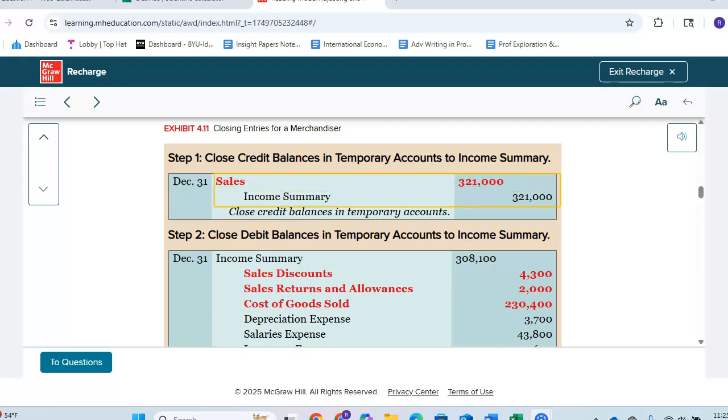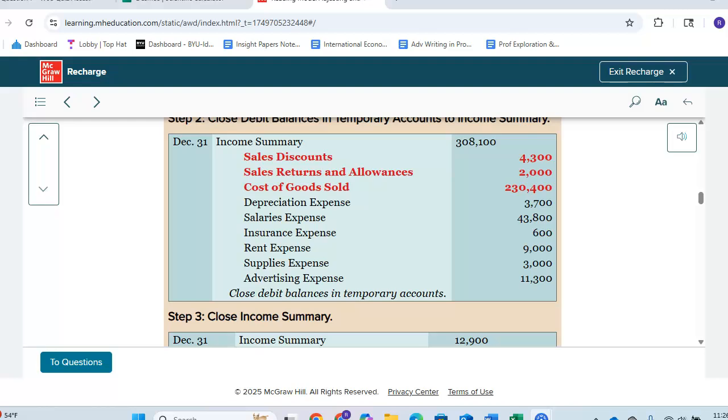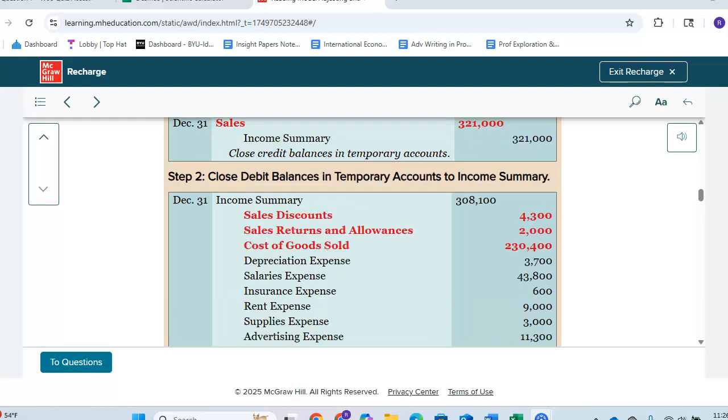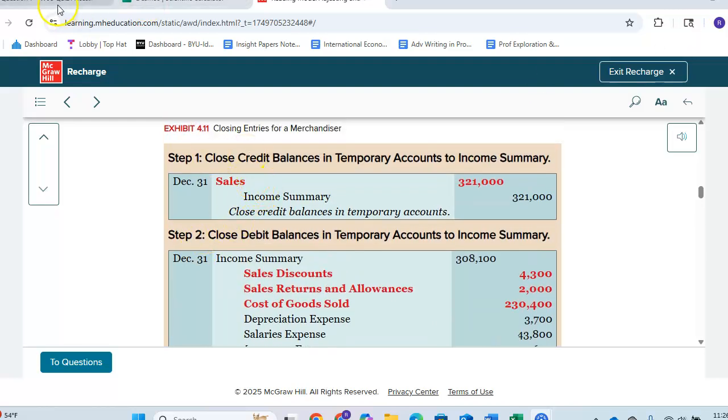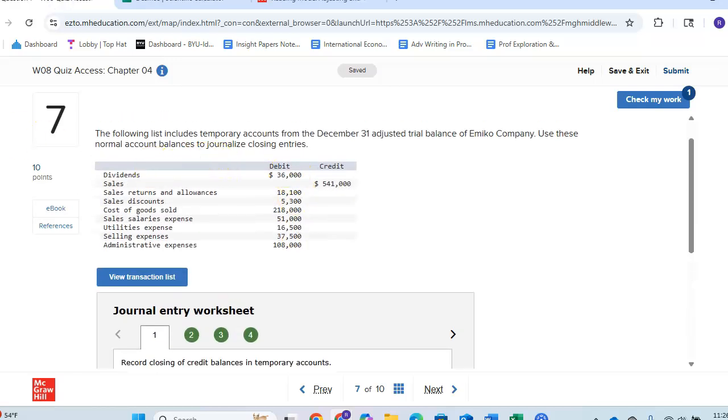We debit sales and we credit income summary. So if we go back, we see that sales has 541,000.